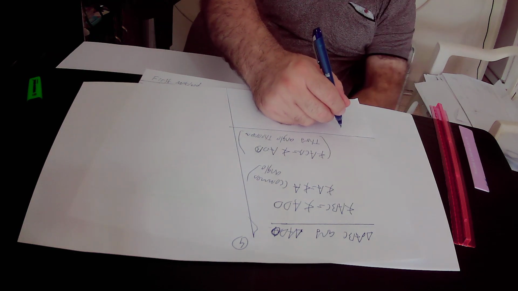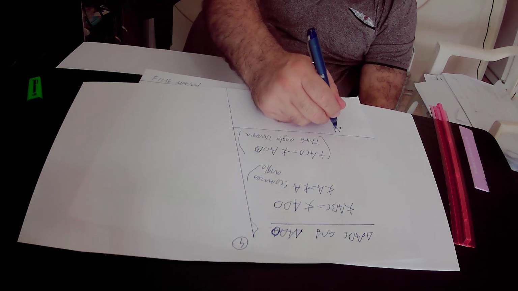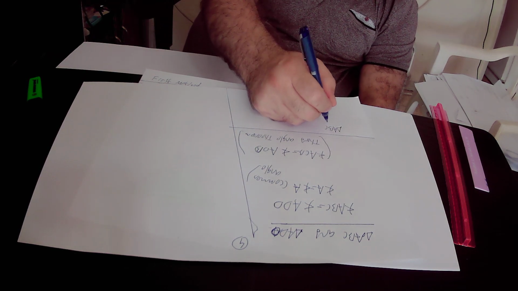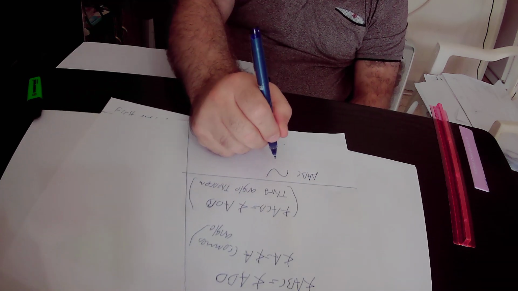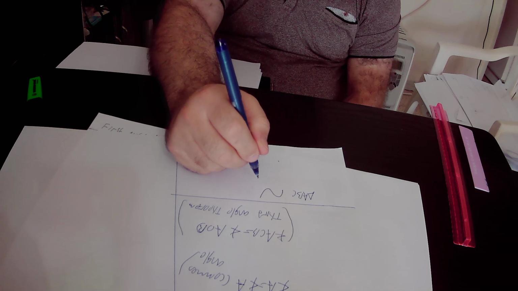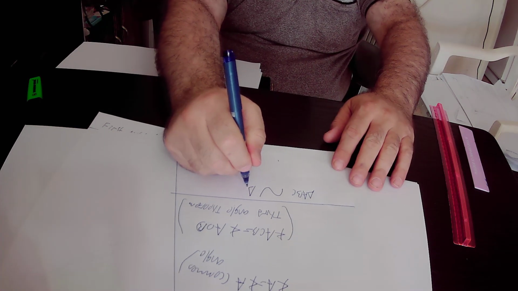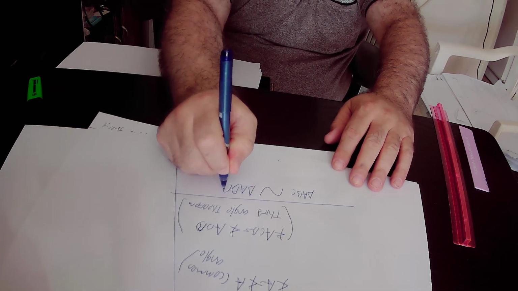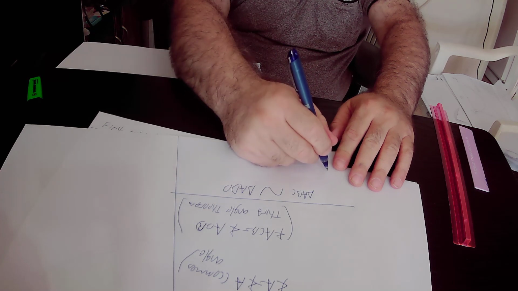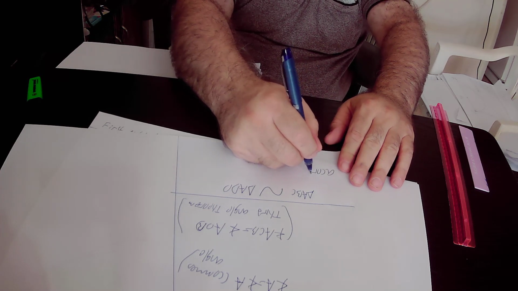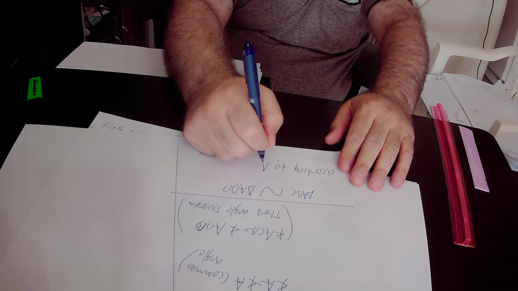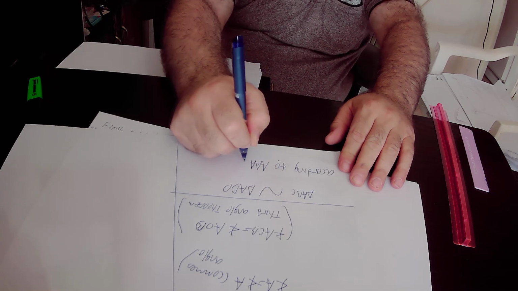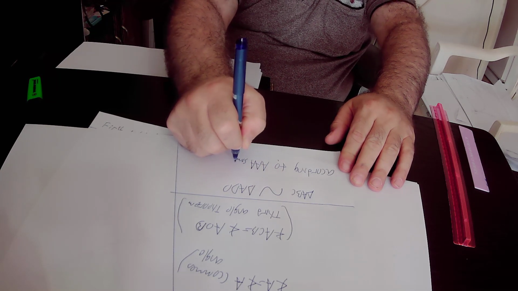We actually proved that triangle ABC is similar, this is the sign of similar, to triangle ADO, the green triangle, according to the angle similarity rule.